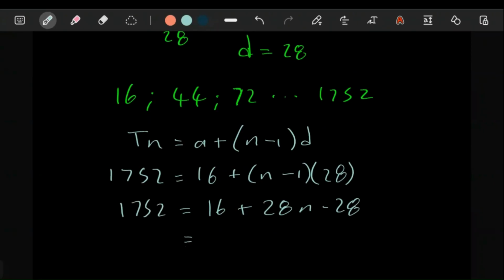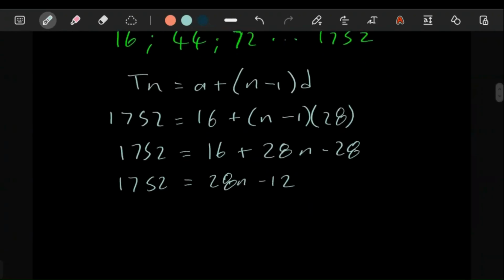Solving for n here, it's just a matter of making use of your calculator. 16 minus 28 is negative 12. So it's 28n minus 12 equals 1752. Nothing crazy here. You do want to keep your calculator close so that you can add up these simple values. You add the 12 as it moves over, so it's 1764.